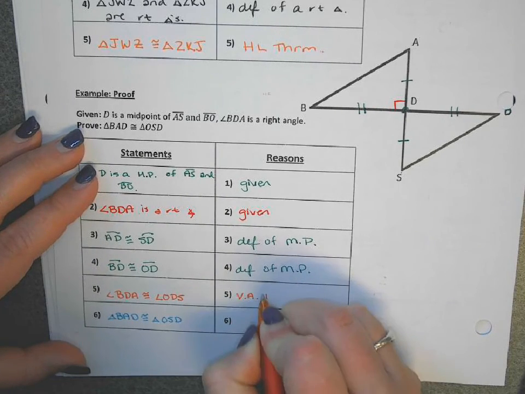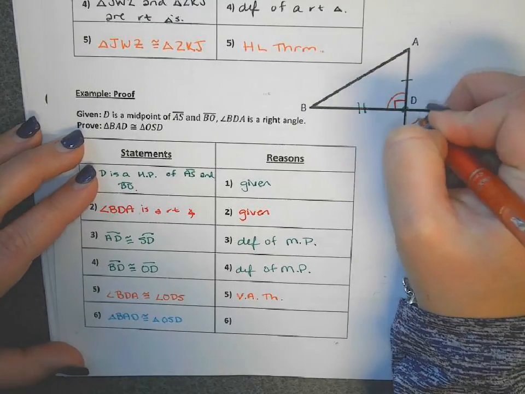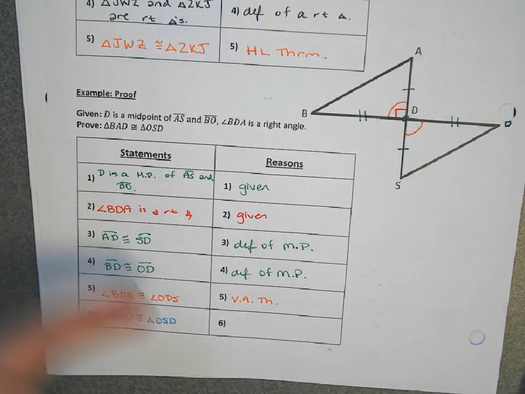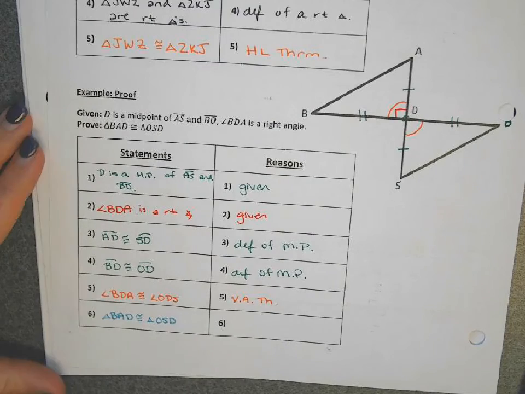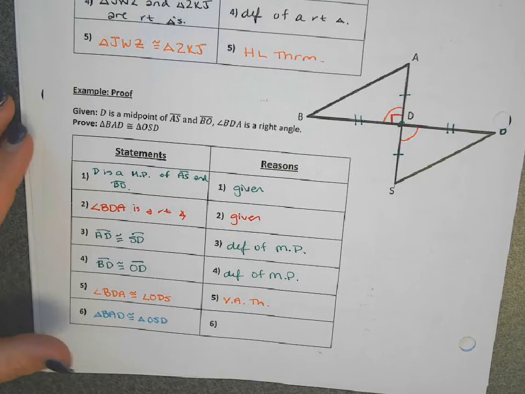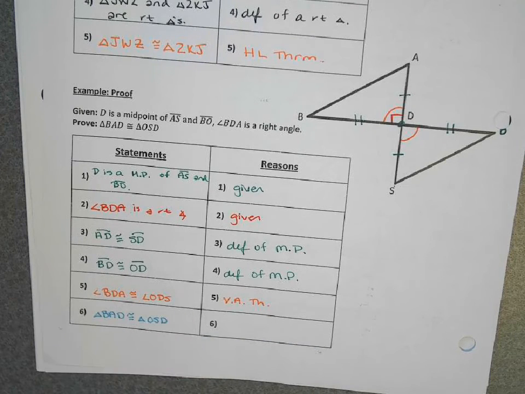You can use the vertical angle theorem to say that this angle and this angle are congruent. Then we could say that since this is a right angle, that's also a right angle. But I have to say that those angles are congruent if I'm using vertical angle theorem, because the vertical angle theorem says if two angles are vertical angles, then they are congruent.